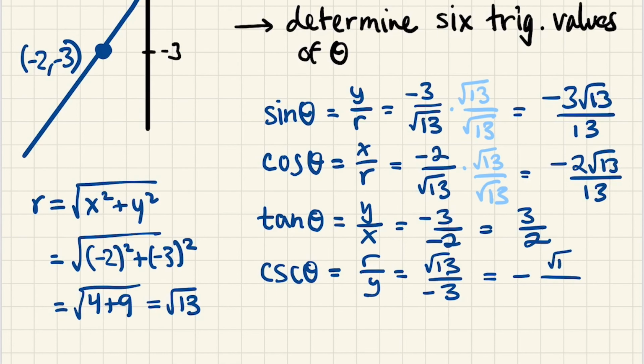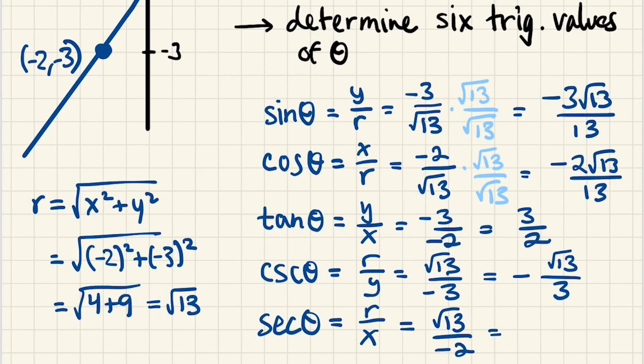So we have negative rad 13 over 3, and I think that looks a little cleaner. Okay, next is secant of theta, which is r over x. So that would be rad 13 divided by our x value, which was negative 2. And again, we'll write that as negative rad 13 over 2.